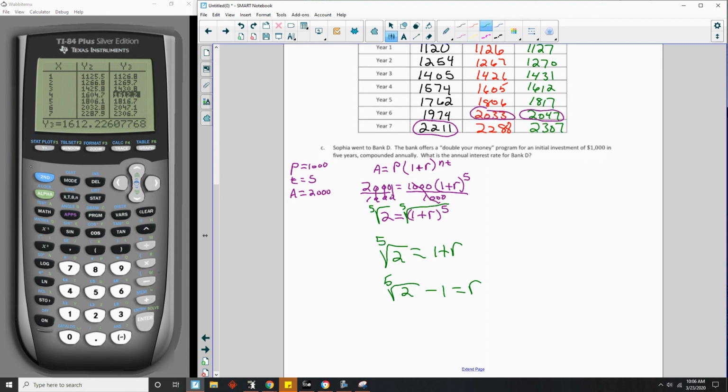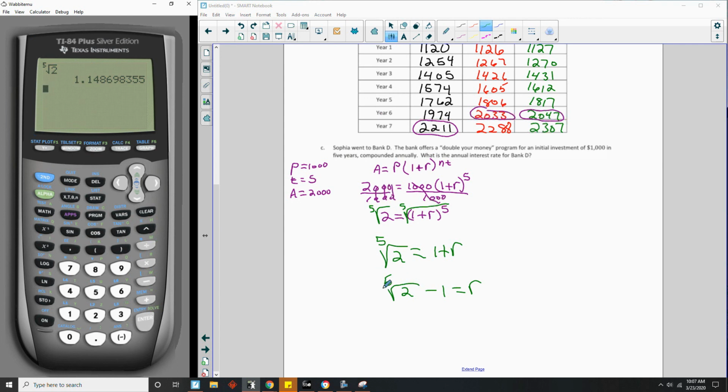Okay, so if I go to my calculator and I take the 5th root, so you go 5, math, number 5 for the variable root, so it's the 5th root of 2, enter, is 1.1486983 blah blah blah.